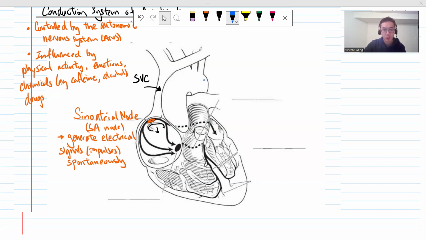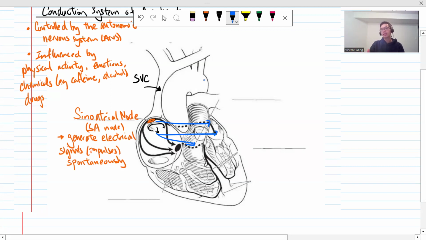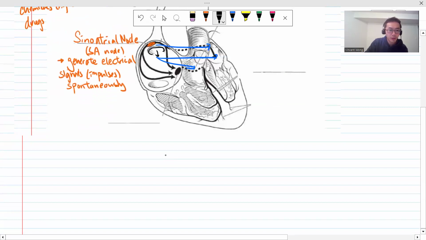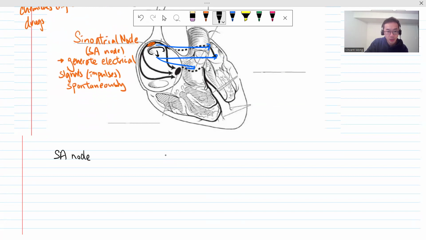As the signal spreads across the atria, it's going to cause them to contract. I'm going to put the note down here for you. SA node. The signal is going to spread across. Impulse means the signal. Impulse spreads across the atria.